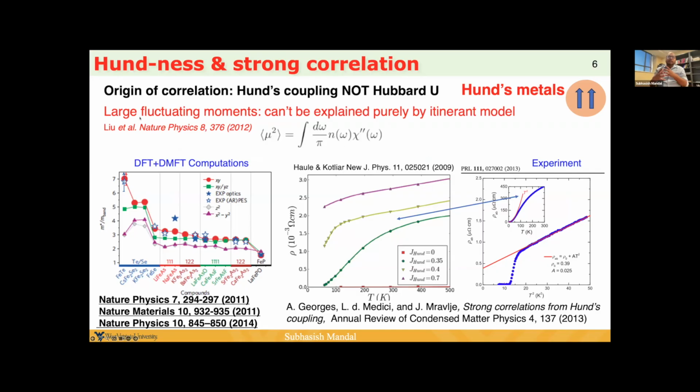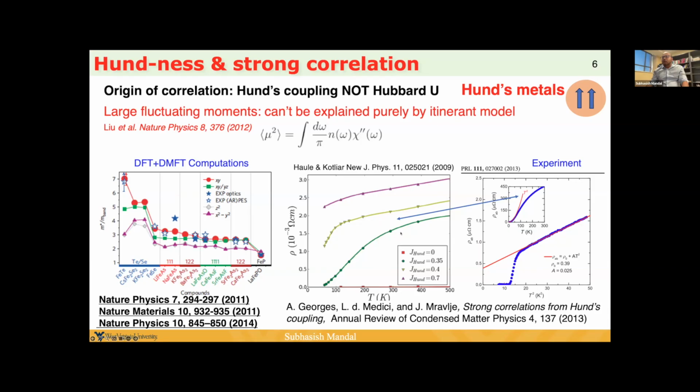The measured large fluctuating moments were confirmed right after in DFT plus DMFT. This was the work from Rutgers. And Hund's coupling is actually the main reason for this mass enhancement.